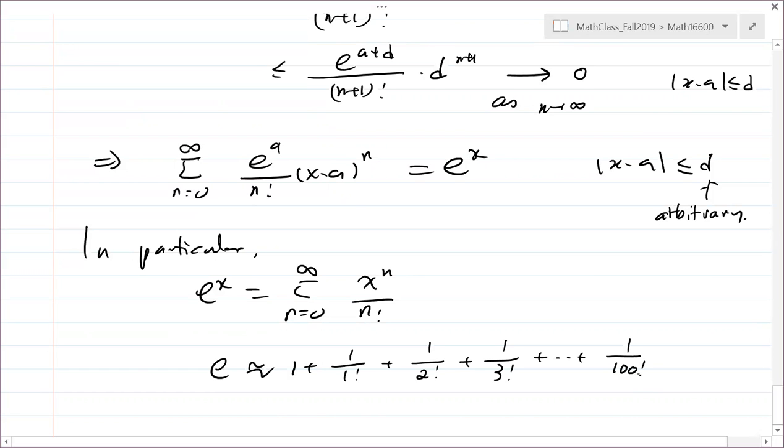But e is an irrational number, and e can be approximated by a sequence of rational numbers. How many rational numbers? Infinitely many, but they're countable. That's a very basic fact in mathematics. Between 0 and 1, how many numbers are there? Infinitely many. How many integers?